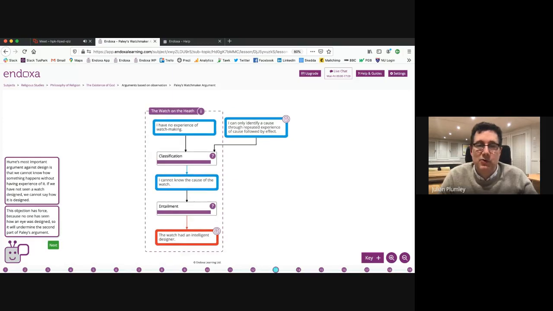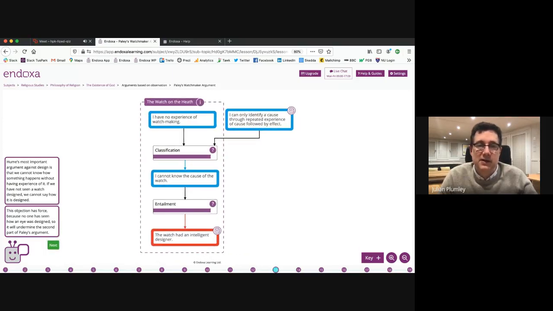Hume's most important criticism of design arguments is his empiricism. Empiricism is a foundational principle of Hume's philosophy, and you can summarize all his thinking about cause and effect in this statement here: you can only identify a cause through repeated experience of cause followed by effect.